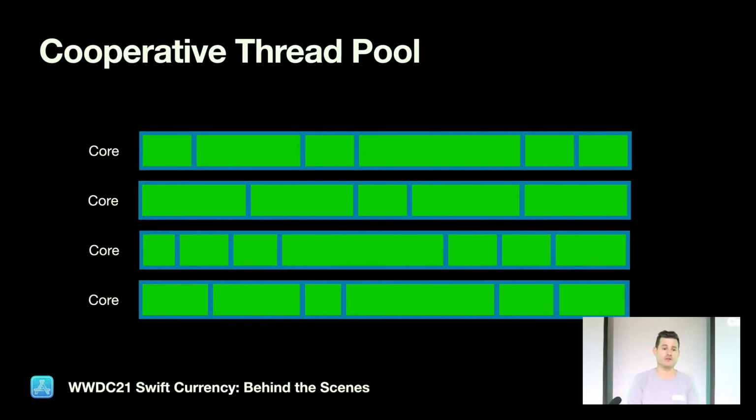So Apple promises that the number of threads used in your application in the default cooperative thread pool will match the number of cores that you have. So if you have a phone with 4 cores, there'll only be 4 threads processing your async events.